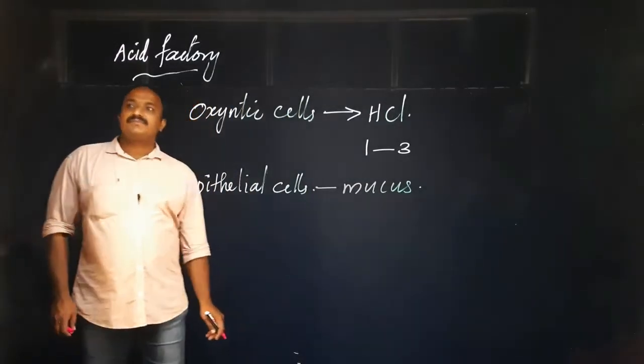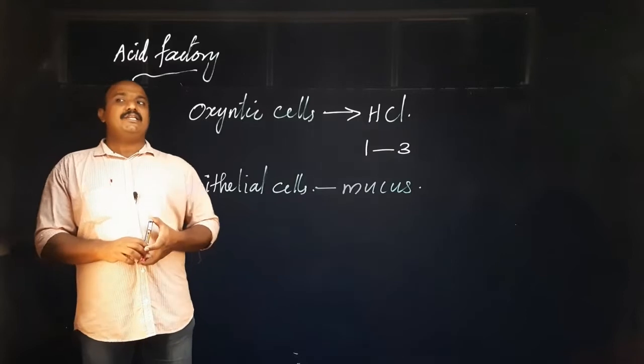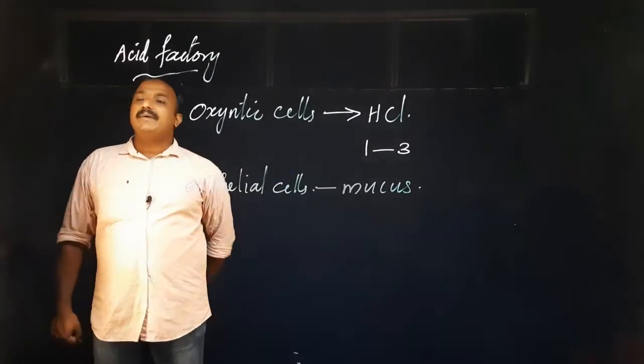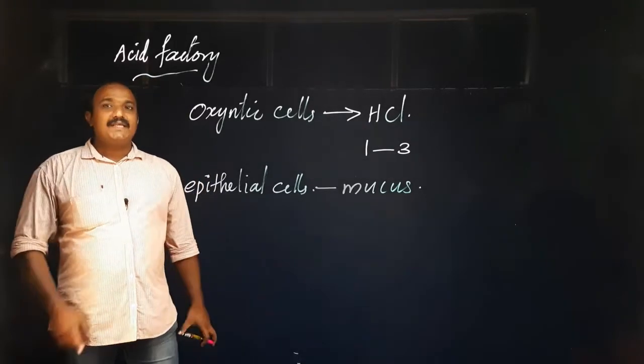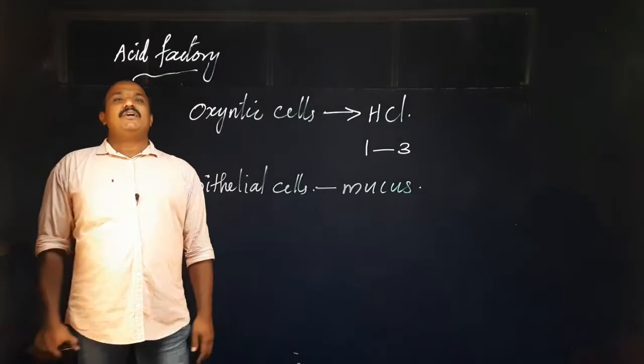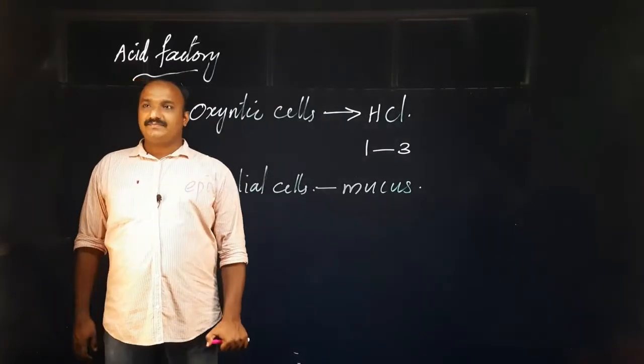They produce mucus. The cells present in the epithelial tissues of the stomach produce mucus. Okay, that mucus protects the stomach from the action of that much strong hydrochloric acid.